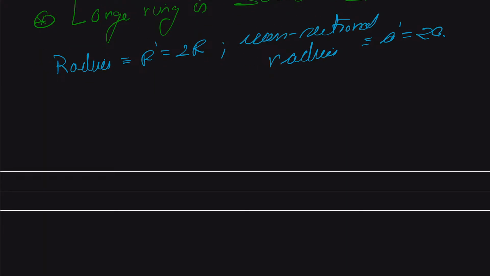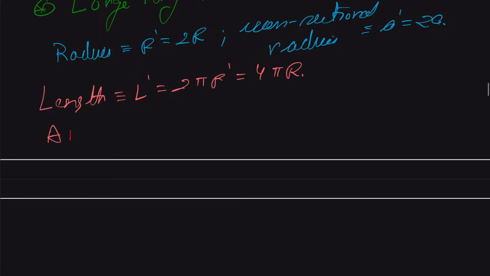Therefore its length, which is L prime, will be equal to 2 pi r prime, giving us 4 pi r, and the cross-sectional area a prime will be equal to pi a prime square, and this comes as 4 pi a square.